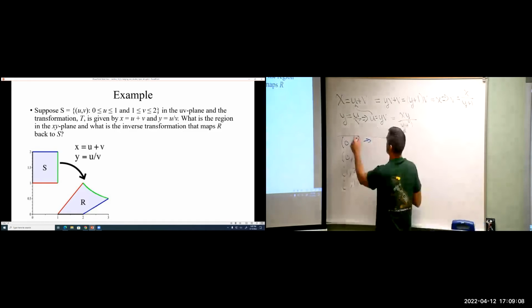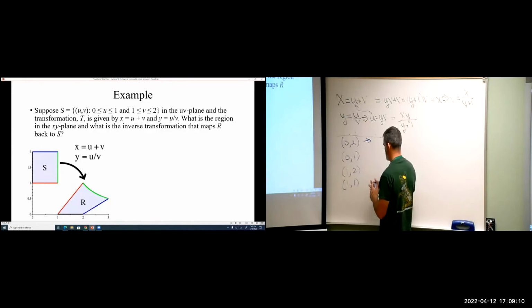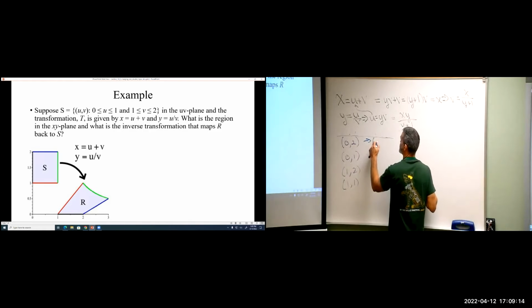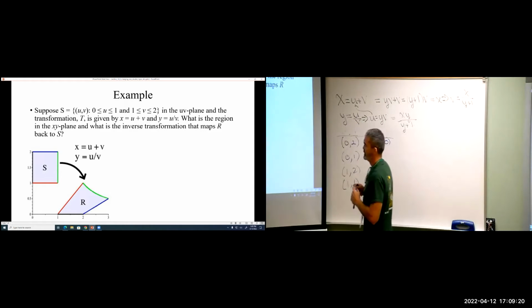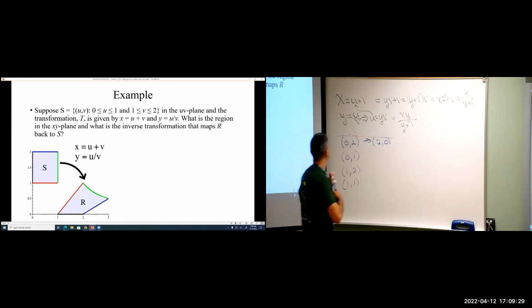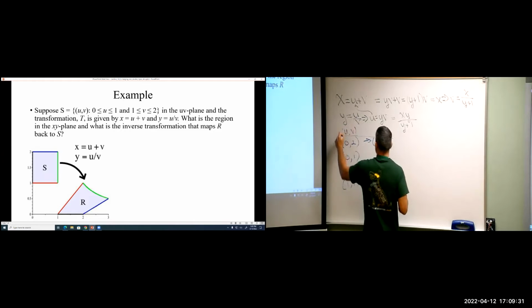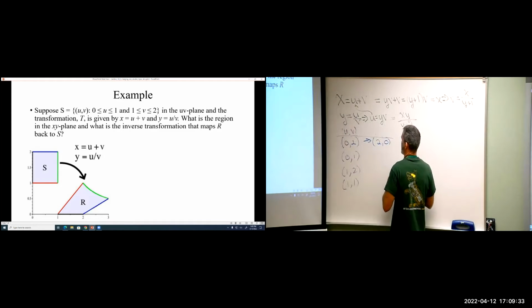So u plus v, we get 2, and then 0 over 2, 0. So that tells me that the point 0, 2 is getting transformed over here to 2, 0. So let's put those back the way they were. I don't know why I was second guessing.